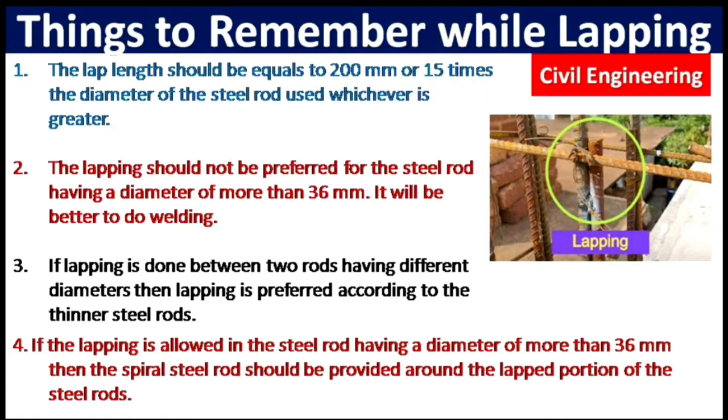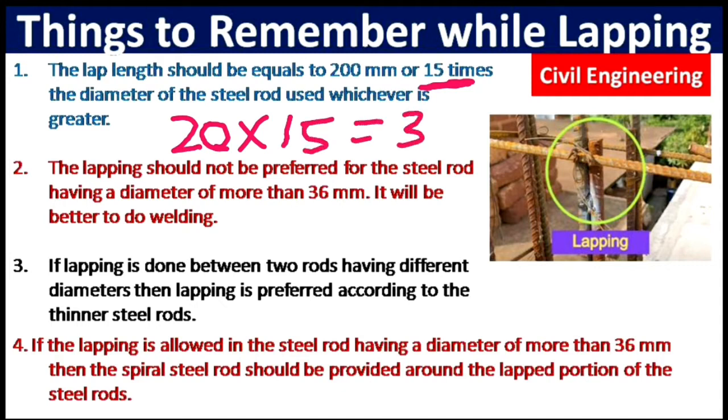Now again, if the diameter of the steel rod is, for example, 20 mm, again we multiply by 15, and it will give us how much? 300 mm. Now see here, among 300 and 200, 300 is the greater value, so we have to use 300 mm as the lap length.